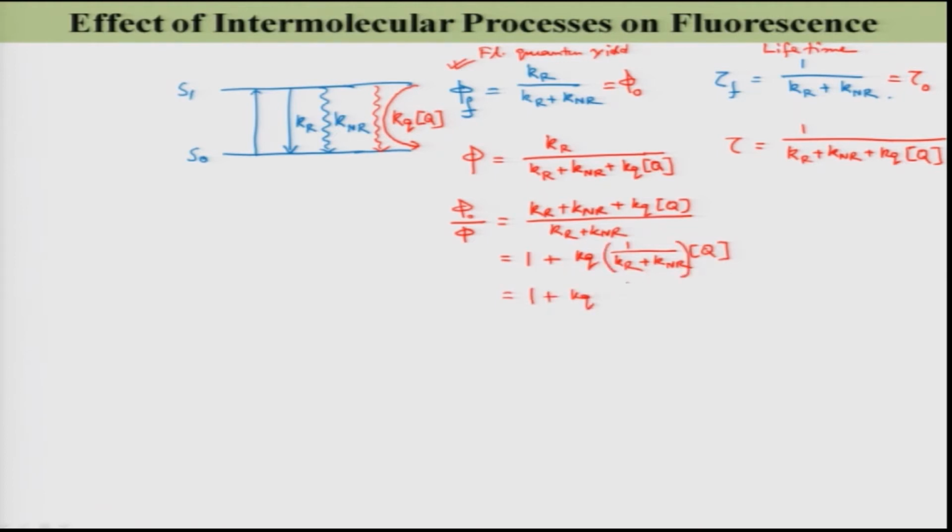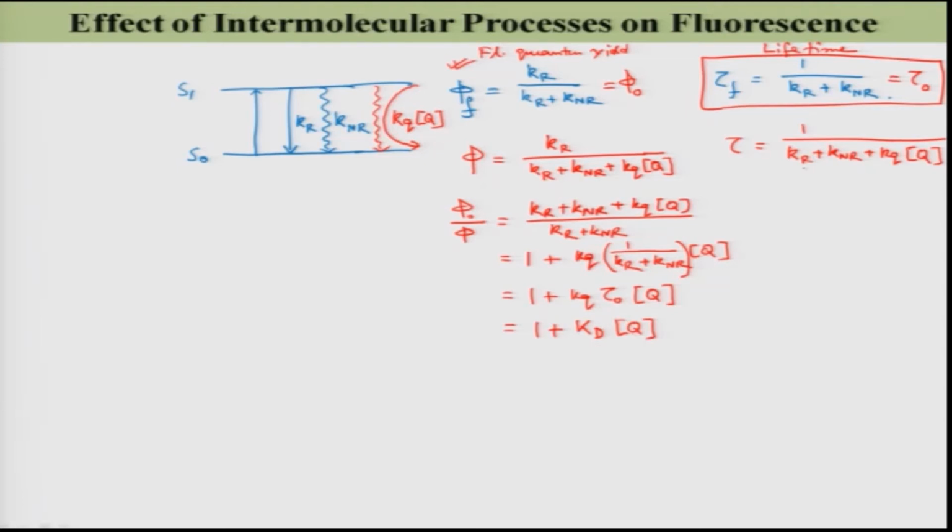This is nothing but tau 0, which I have defined in this case. So it equals 1 plus k_q tau 0 into Q, and this k_q into tau 0 is written as K_D, or somebody also writes it as K_SV, and this is called the Stern-Volmer quenching constant.